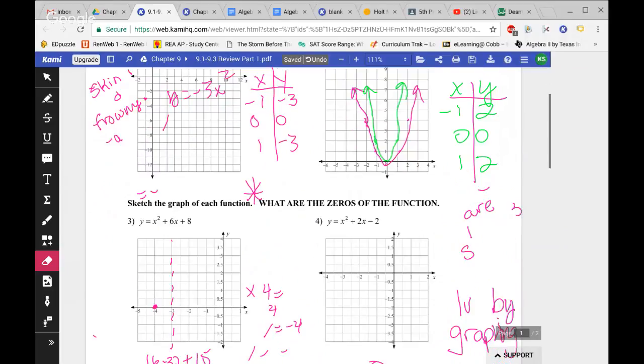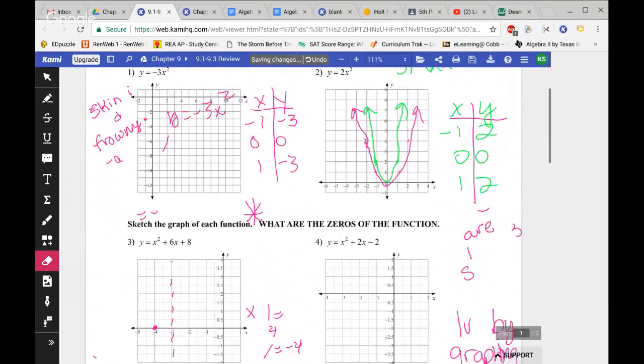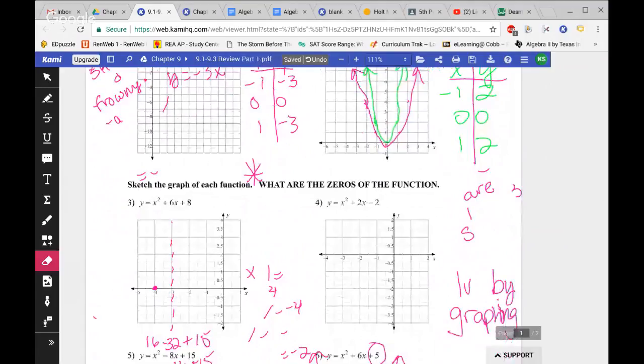So that one's pretty easy. Now, number 4 is not quite as easy, but you could put it in your graphing calculator and do that trace thing and all of that. But I'm not going to make those quite as bad.